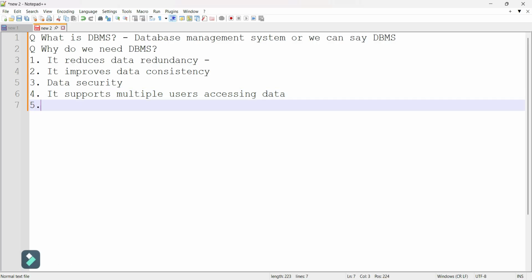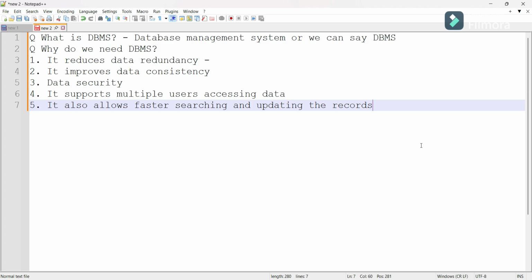And the main and important reason why we need the DBMS is it also allows faster searching and updating of the records.